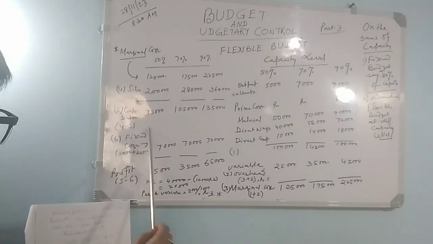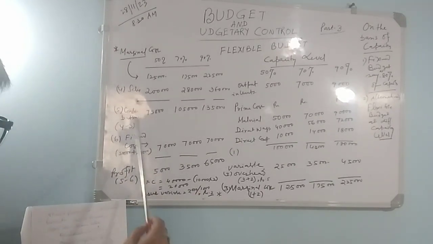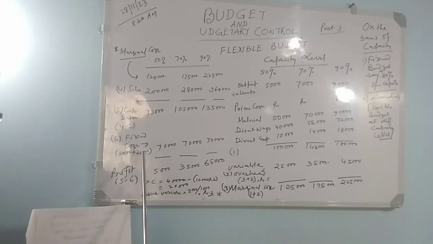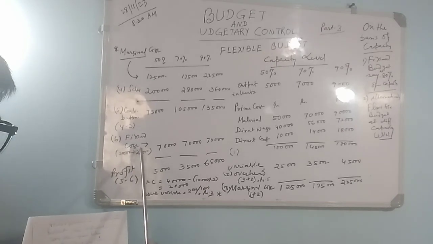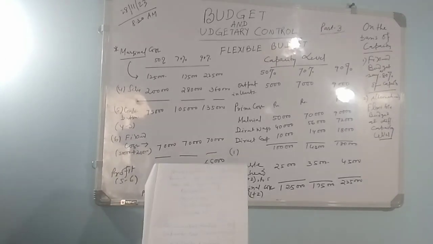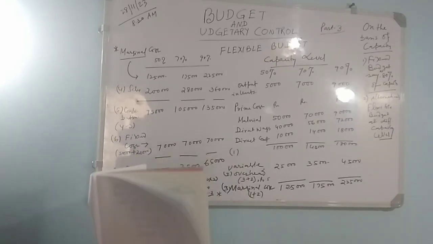Now from the contribution you have to subtract the fixed cost, then your profit will come. The initial fixed cost is 50,000.